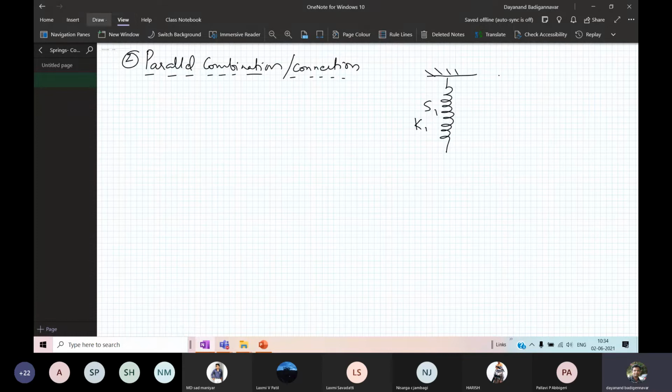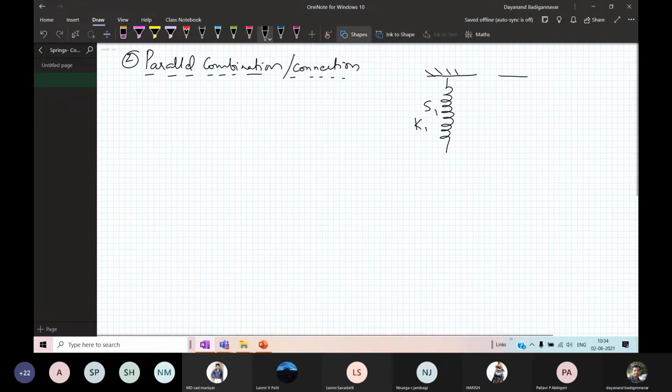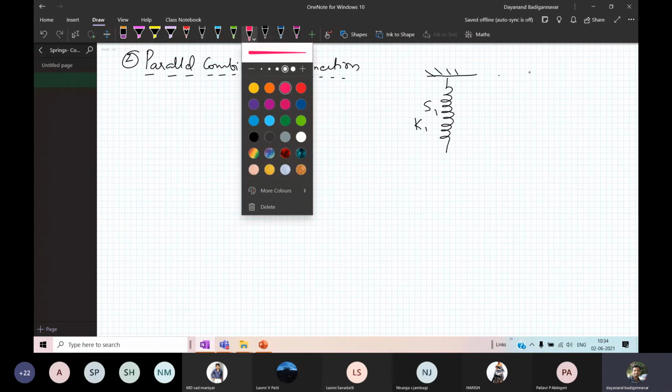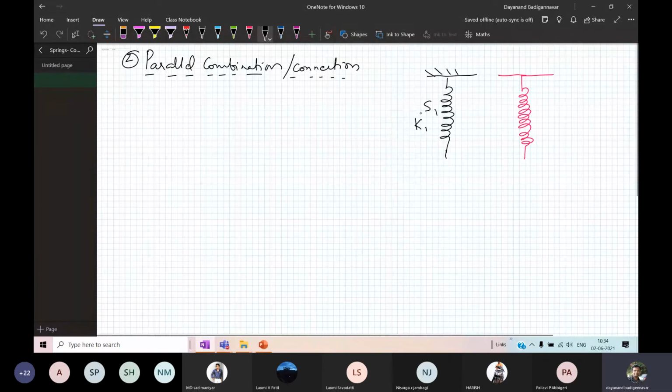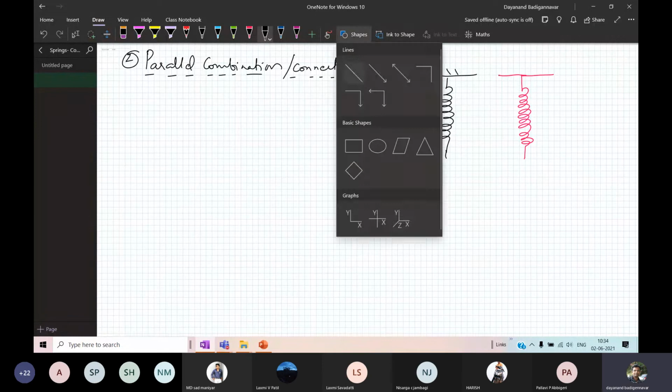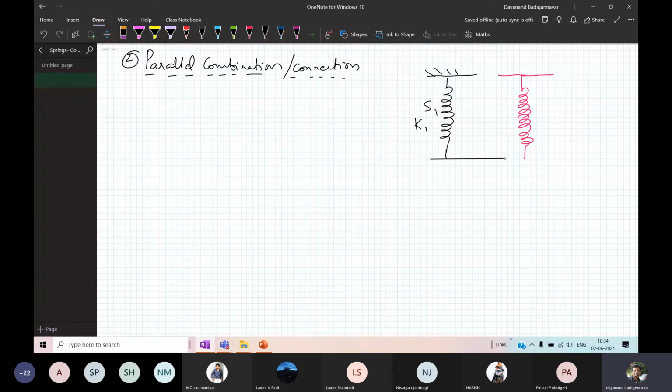And I have one more spring, S2, whose spring constant is K2. They are connected in parallel, so this is the parallel connection.